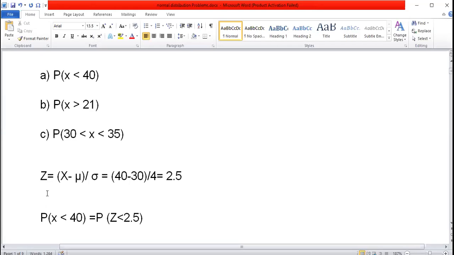So x less than 40. You convert that x into a standardized variable, and this is the formula. By the way, what is mu? What is sigma? Mu is the mean. What kind of mean?